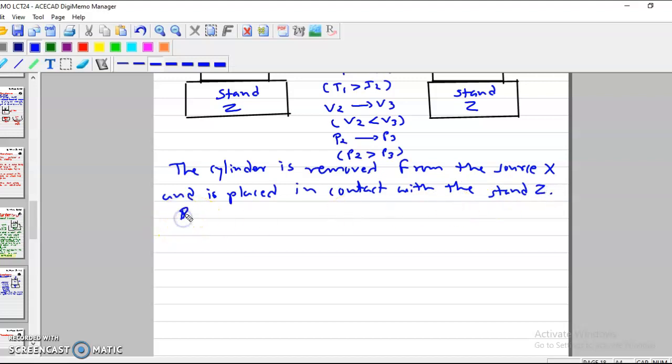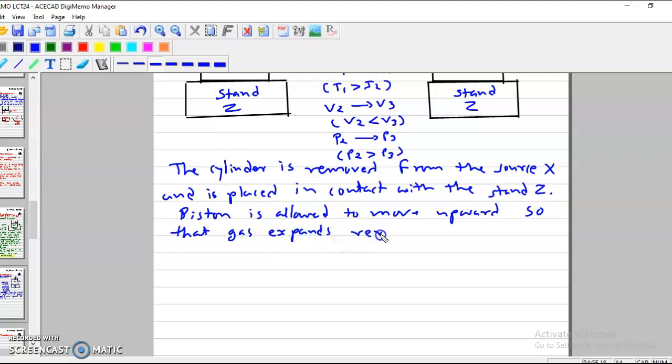And piston is allowed to move upward so that gas expands reversibly and there is no heat change, so adiabatically.